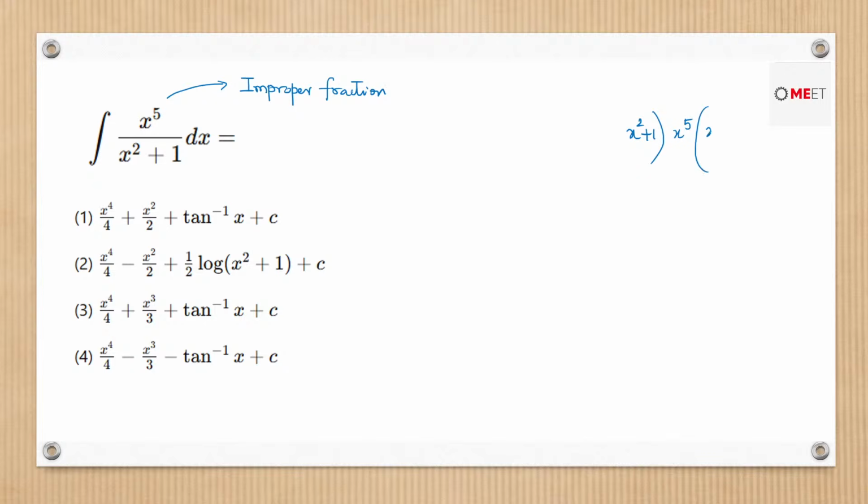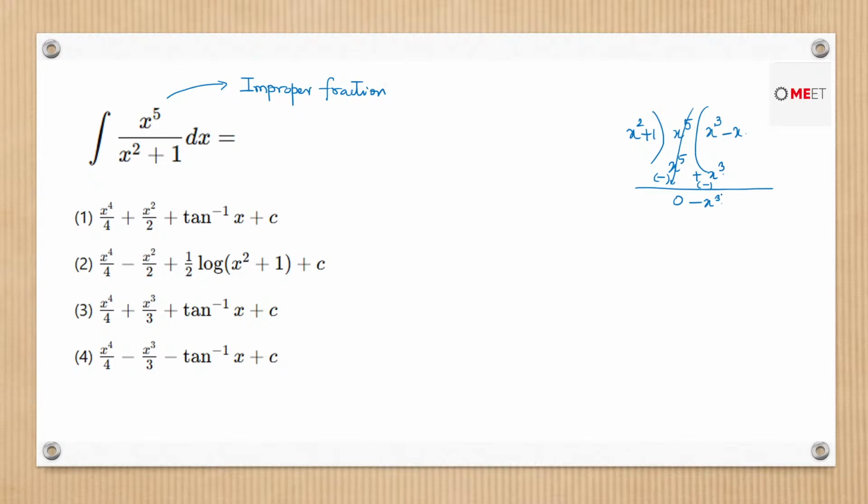So if it is multiplied with x cube, we get x power 5 with minus sign, and this will cancel out to 0, and 1 into x cube, this is plus x cube, and there will be a negative sign, so minus x cube it will be. Next is x square.